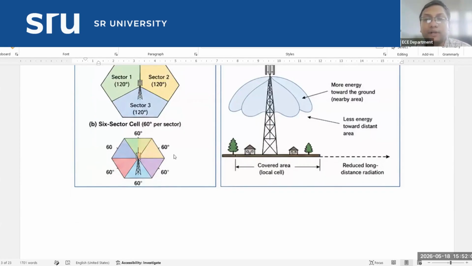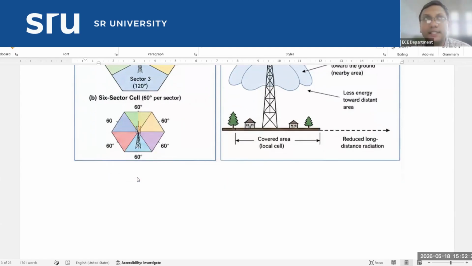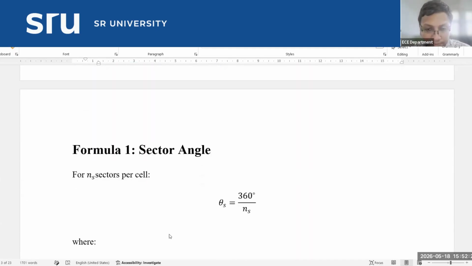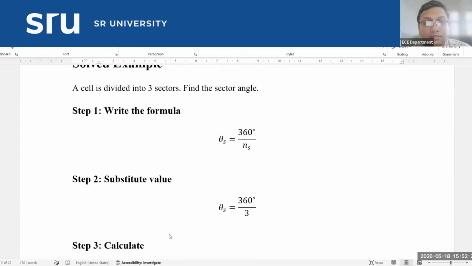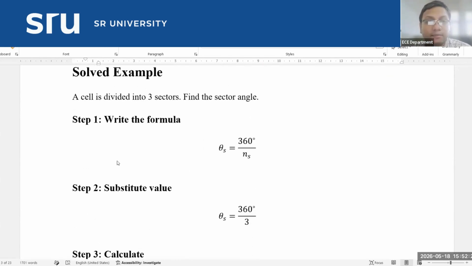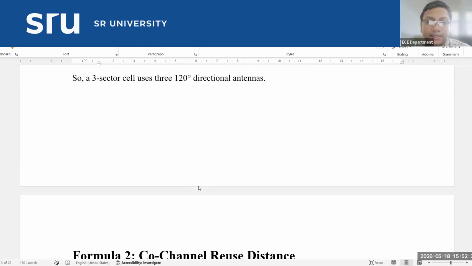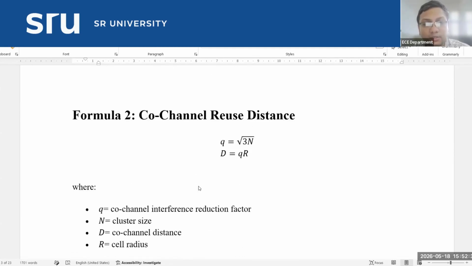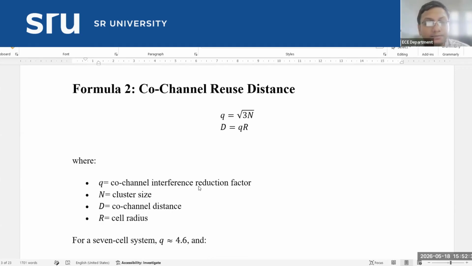Similarly, if I want to divide the entire cell into 6 sectors, the antenna I need to use should have a beam width of 60 degrees. So now let us take an example. A cell divided into 3 sectors, 120 degrees. A cell divided into 6 sectors, 60 degrees.